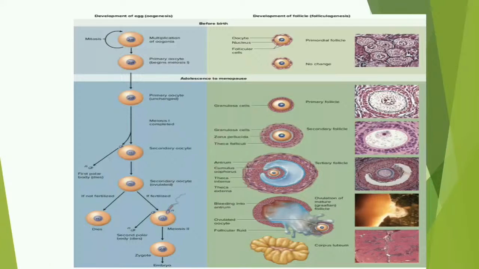So if oogenesis is a question, you define oogenesis and then explain that picture starting from the primordial germ cell to the formation of a secondary oocyte, and then write a small paragraph on the various changes happening in between. Then end by saying that these changes happen during the process of folliculogenesis, and you can draw the diagram on the right side if you have time.